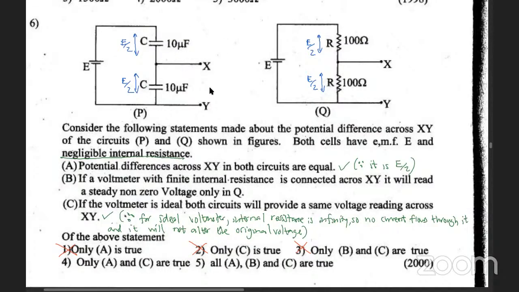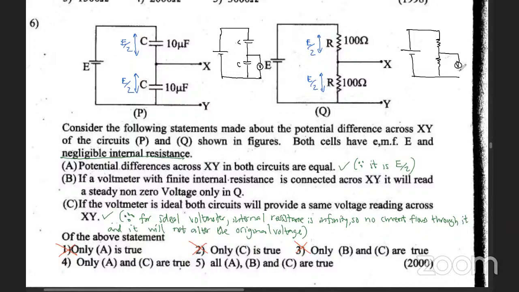Now, listen. What will happen when you put a voltmeter here? Now this is the circuit. If you put a voltmeter with finite resistance, what do you think will happen? You're putting a voltmeter across a capacitor, people. What will happen? And here also you are putting a voltmeter across a resistor.